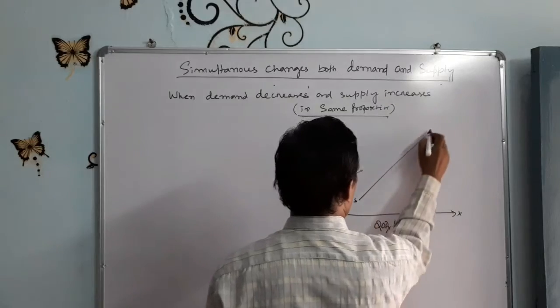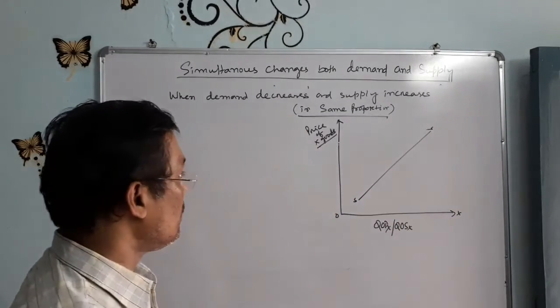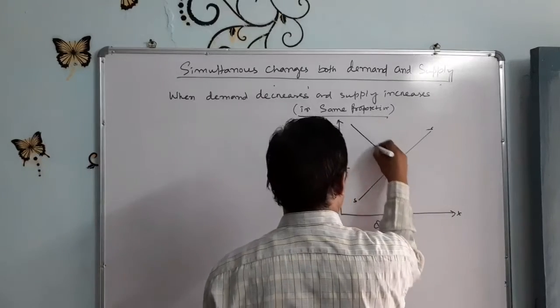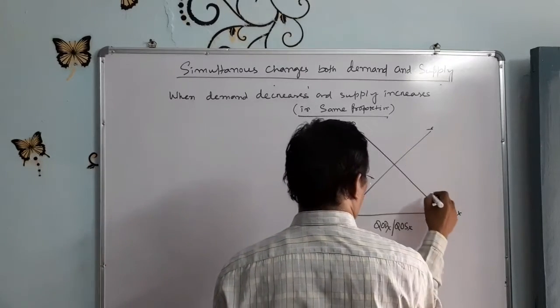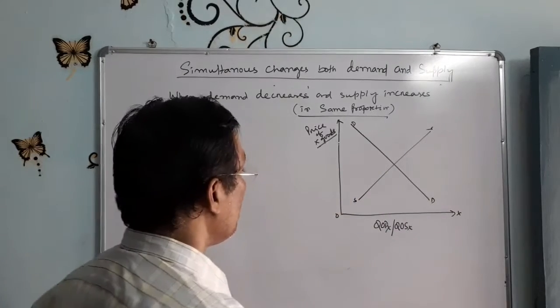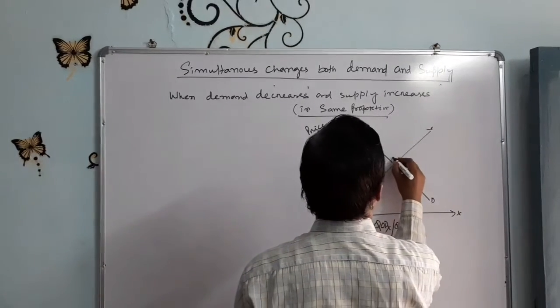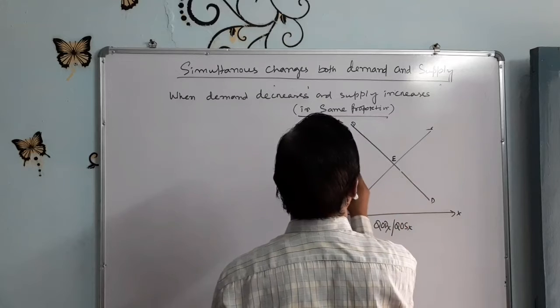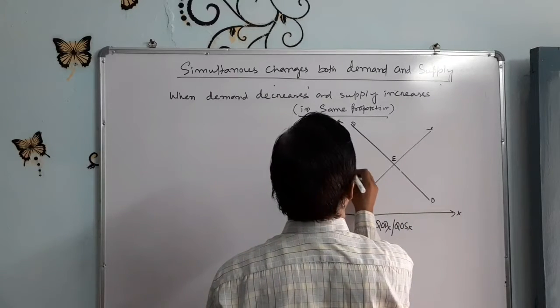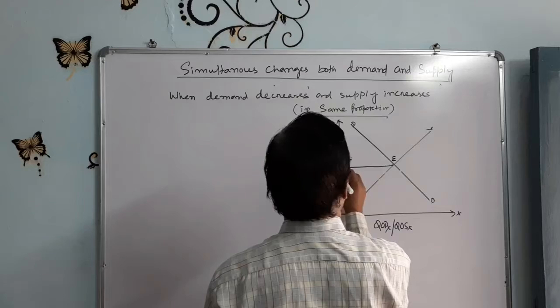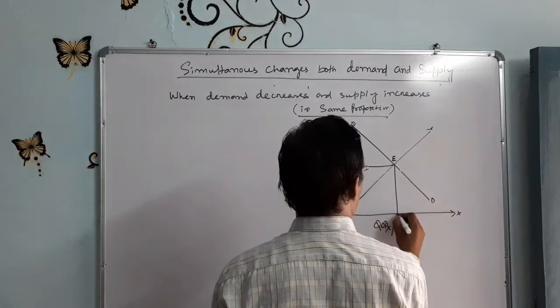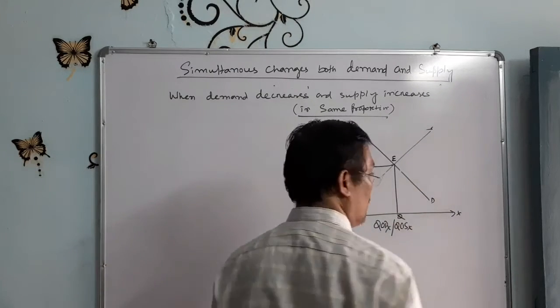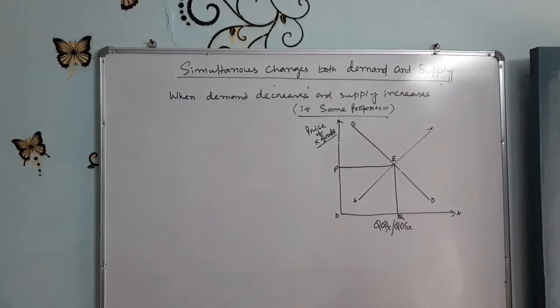SS is the supply curve, we already know, and DD is the demand curve. E is the equilibrium point. OP is the equilibrium price and OQ is the equilibrium quantity. Clear?